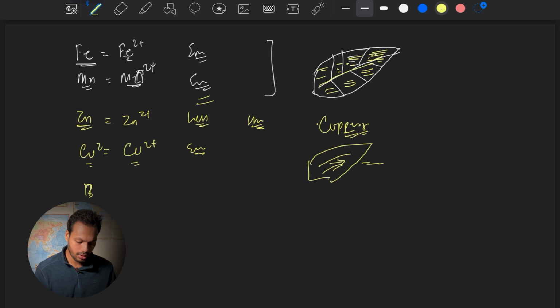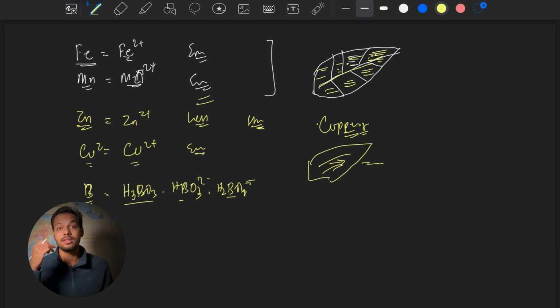Then boron. Boron is taken up in the form H3BO3, in ionic form HBO3 2- and H2BO3-. So these are the forms of uptake of boron, and boron is immobile in the plant system, so the deficiency symptom you will get in the terminal bud.